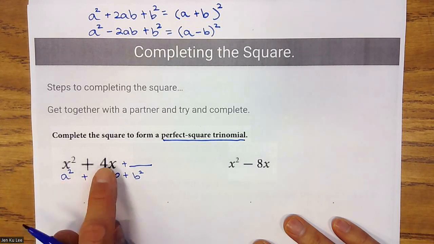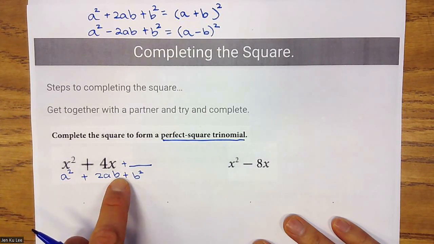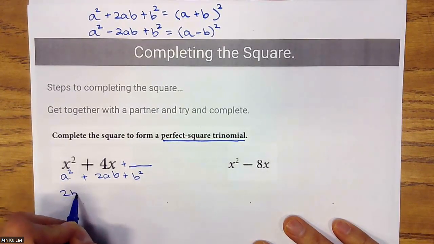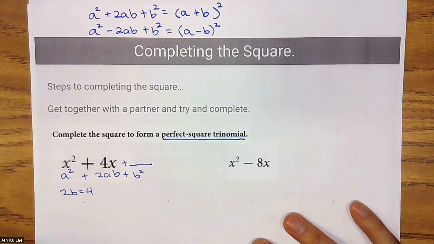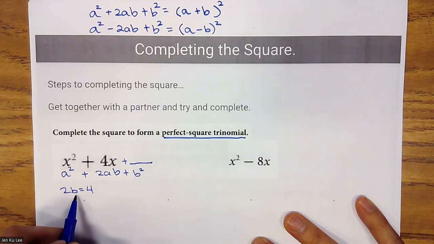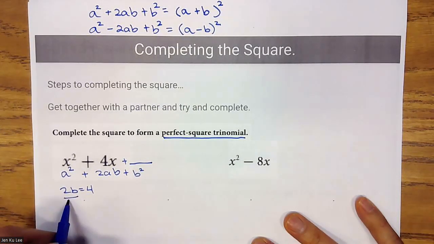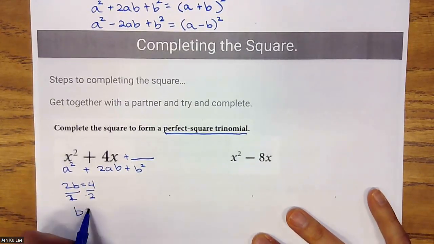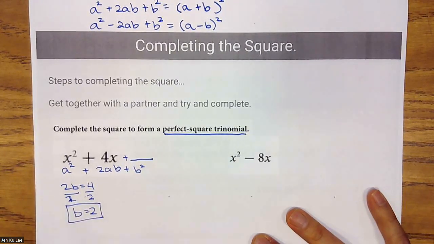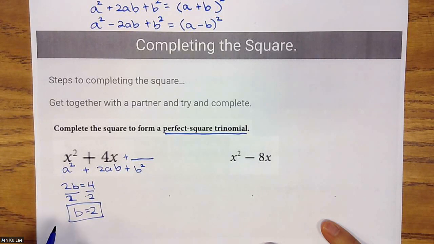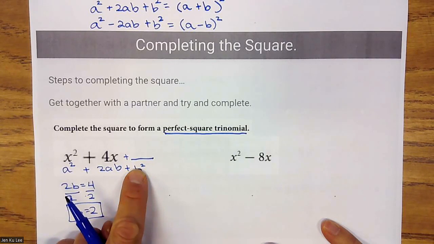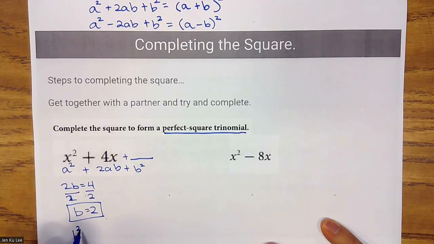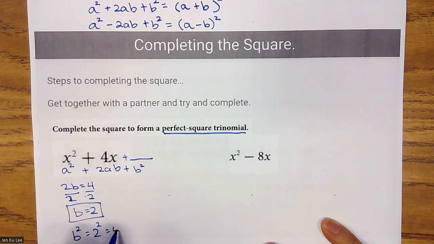So if a equals x and 4x equals 2ab, then 2b equals 4, correct? If I solve for b, I divide by 2 on both sides, and b equals 2. Then I square it to get my b squared. So b squared equals 2 squared, which is 4.